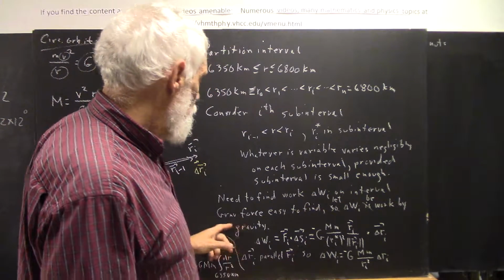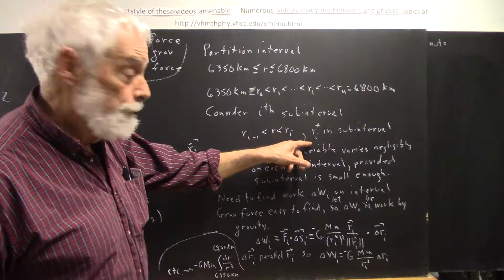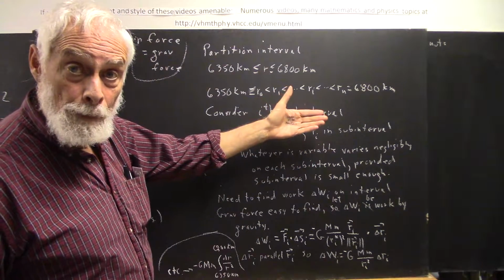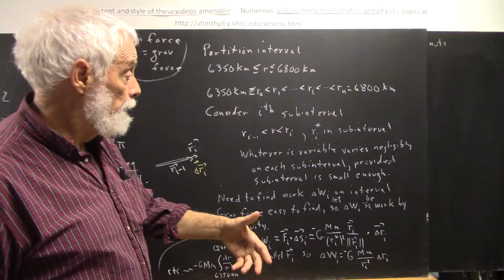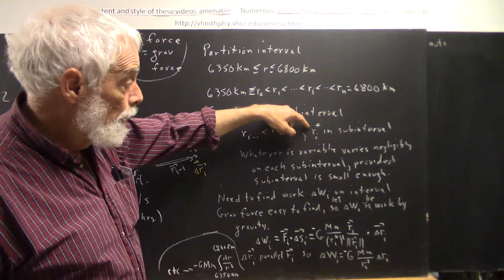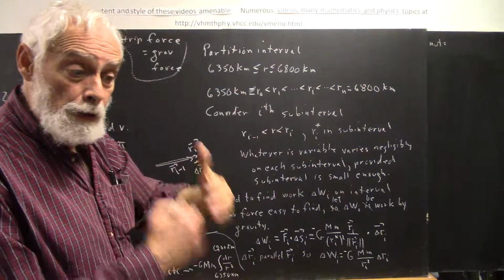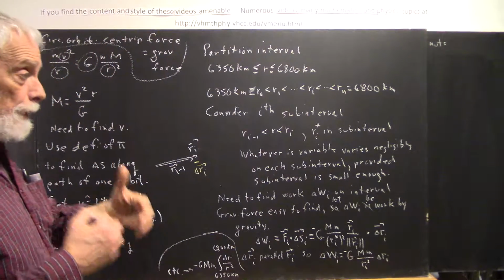Well, the gravitational force is easy to find. So we just plug in, what? We plug in r, but on this interval, what are we using as a basis for all calculations of the quantity that we're going to sum up? We use r sub i star, the representative value of r. It doesn't matter where it is in the subinterval.